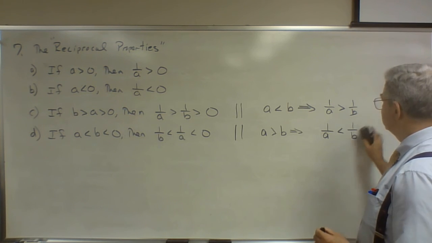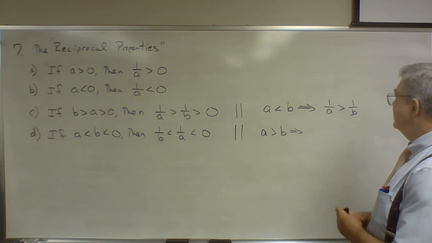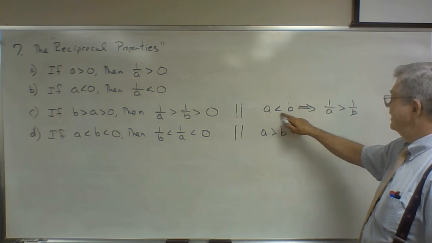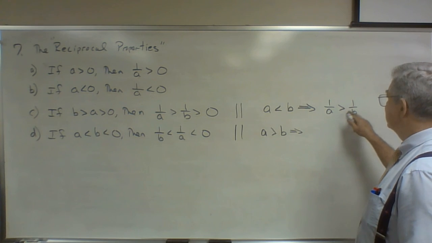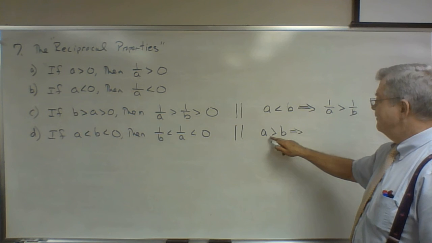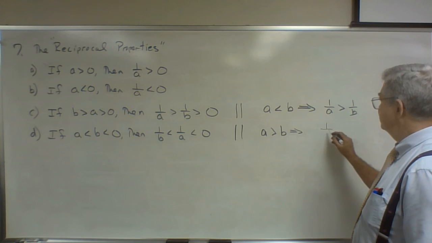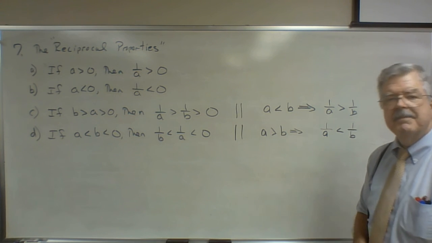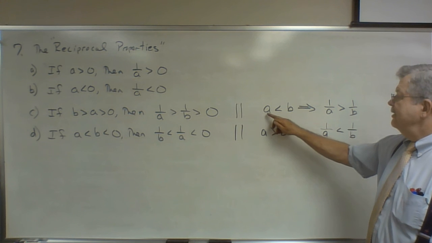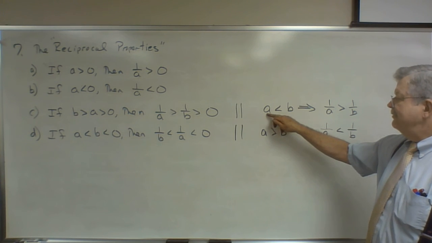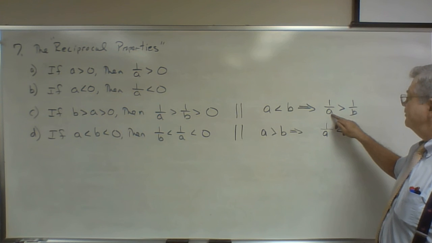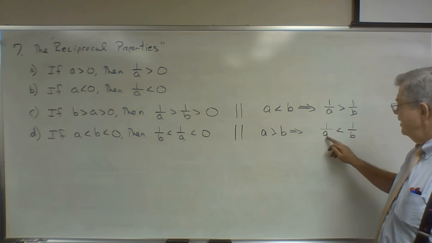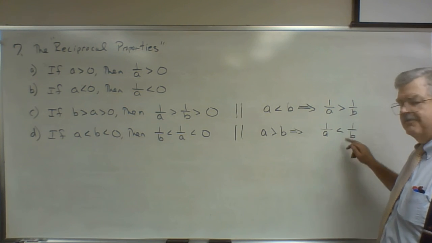If A is less than B, the reciprocal of A is greater than the reciprocal of B. If A is greater than B, the reciprocal of A is less than the reciprocal of B. So if A is the smaller number, the reciprocal of A will be the larger of the two reciprocals. If A is the larger number, the reciprocal of A will be the smaller of the two reciprocals.